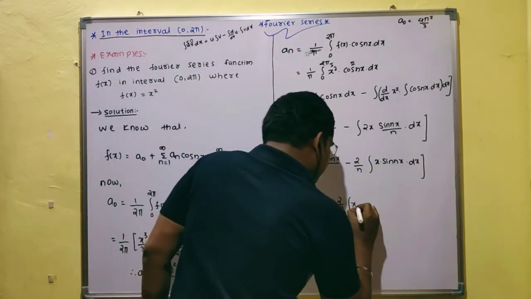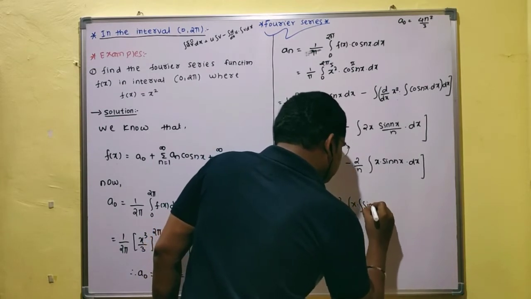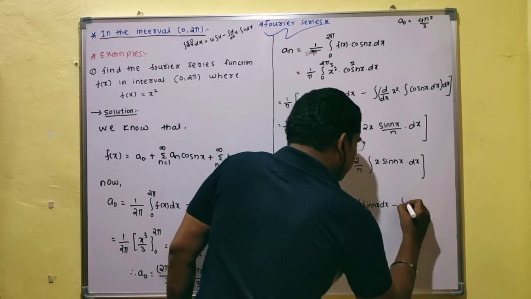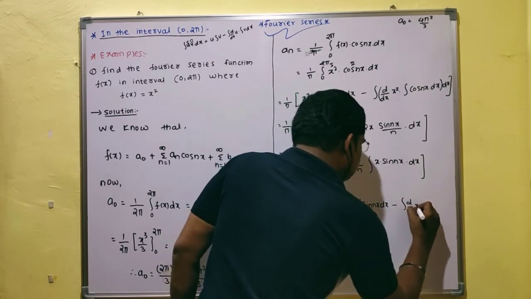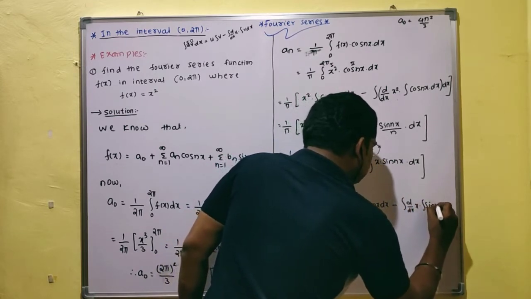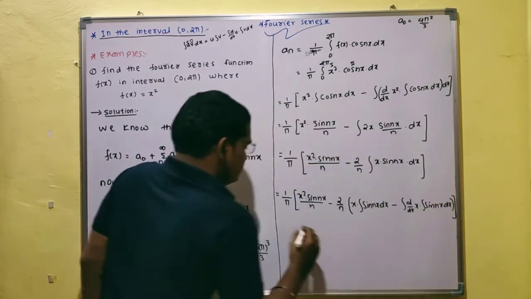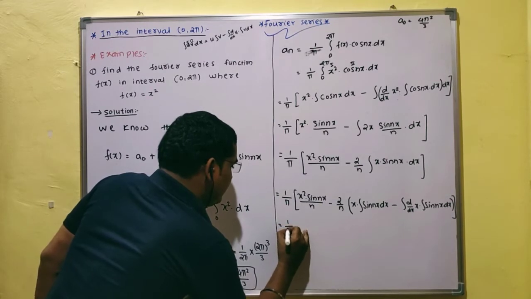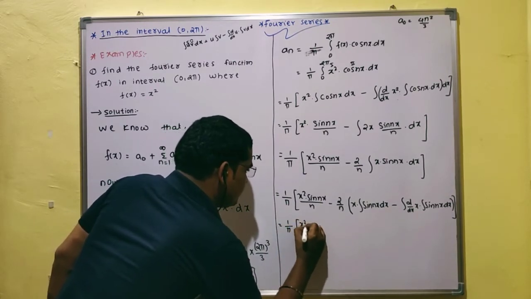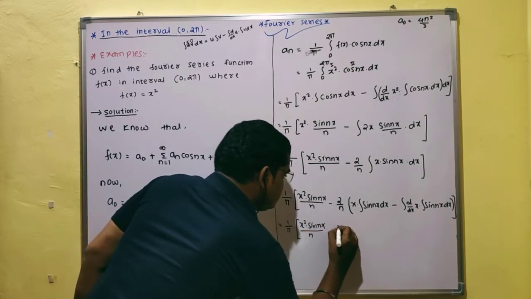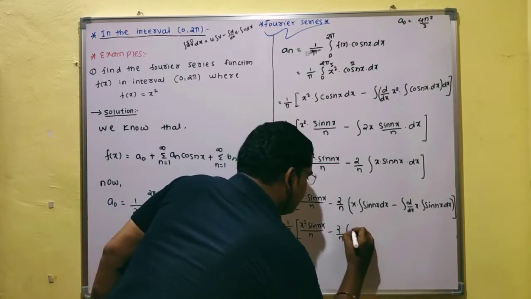Apply this formula. First function as it is into integration of second minus integration of derivative of first into integration of second. Okay, this is our formula, which is equal to 1 upon pi in this bracket x square into sin nx upon n minus this 2 upon n as it is in this bracket x as it is.